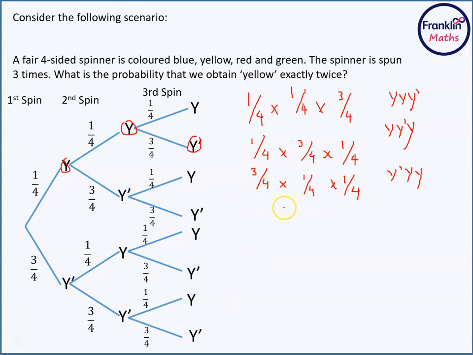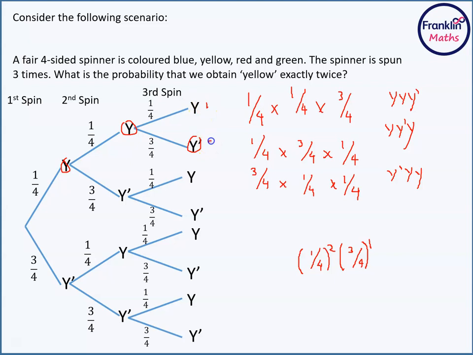But there's a couple of things I want you to spot. First of all, on each one we've got 2 of the successes. So on each one, I get a quarter squared, and I also get 3/4 to the power of 1. Now, how many different outcomes are there?